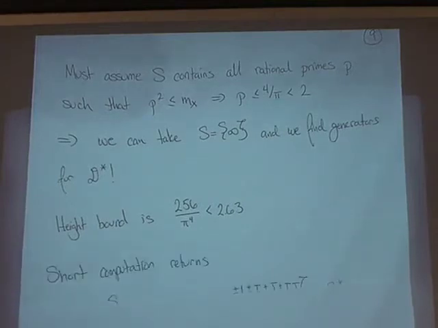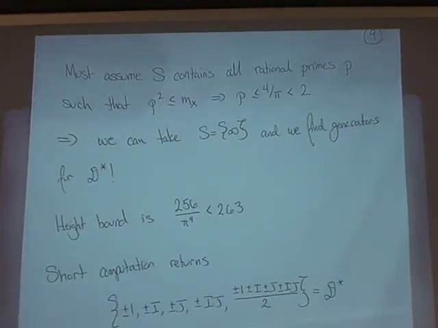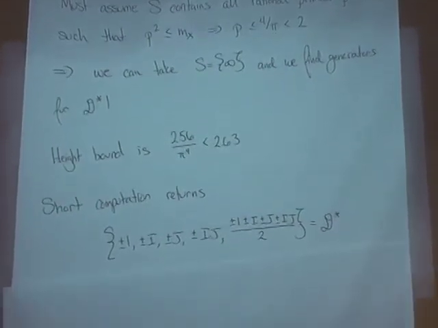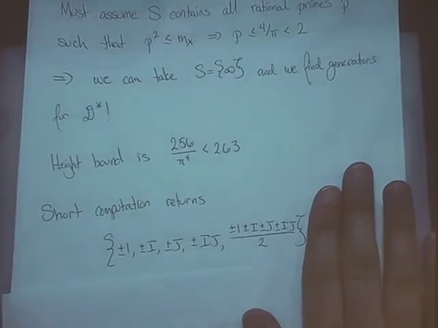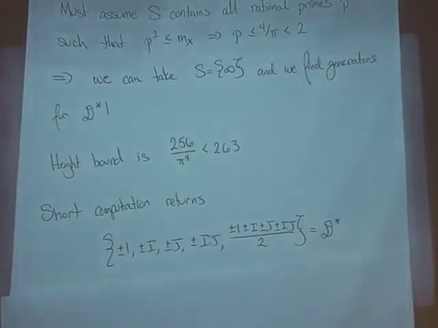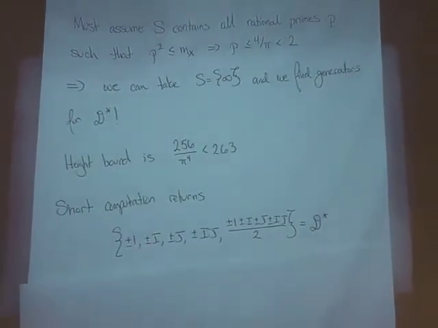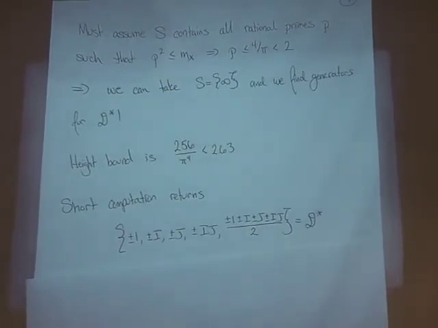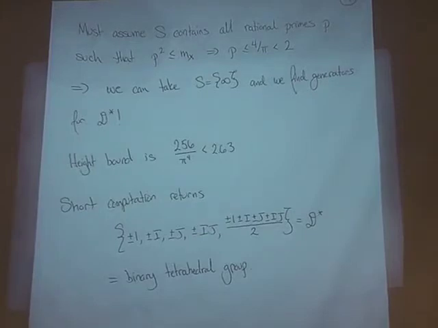Great. And you do a short little computation, and you get the D star. Well, the elements that you get from the computation are those, but classically we know that that's D star on the nose. So we're finding a generating set for D star by finding D star. Okay, great.